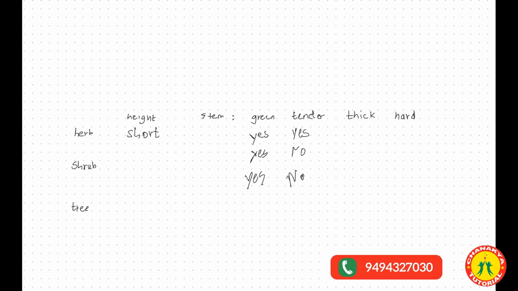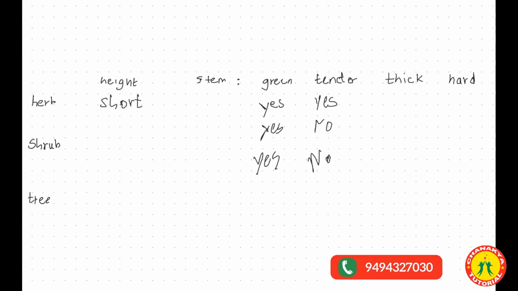Yeah, the stems are green. Ma'am, tree, the stems are green. Oh, yeah, no, no, no. Change this, tree alone, into no. But for shrubs and herbs, some of them are green, so make it yes and yes.